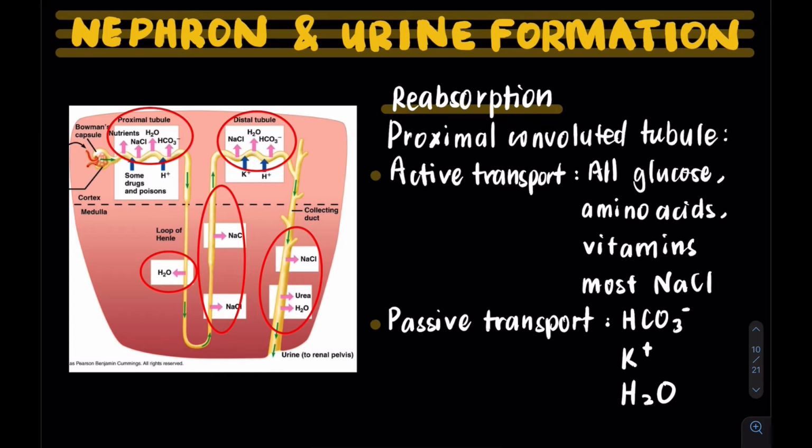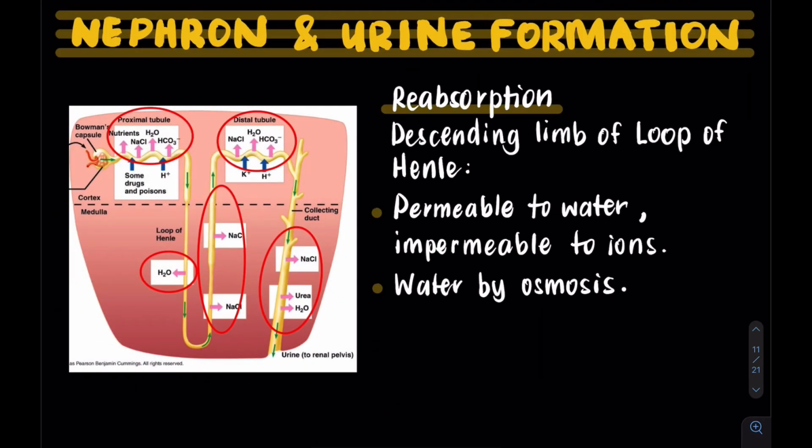Due to the movement of these substances into the peritubular capillary, water potential inside the capillary will decrease. So, water will move by osmosis from the filtrate into the capillary. Next, the descending limb of loop of Henle is only permeable to water and impermeable to ions.